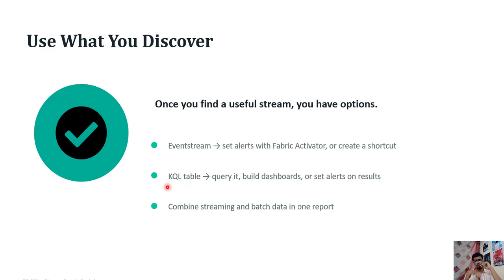Under that event house, a KQL database will be created, and you can query against the KQL database tables to build dashboards and set alerts on the results, and then generate insights from that. Or the third option is to combine the streaming data, real-time data, with the batch data, which we have seen in the OneLake catalog, under one report, and then generate combined insights from that.